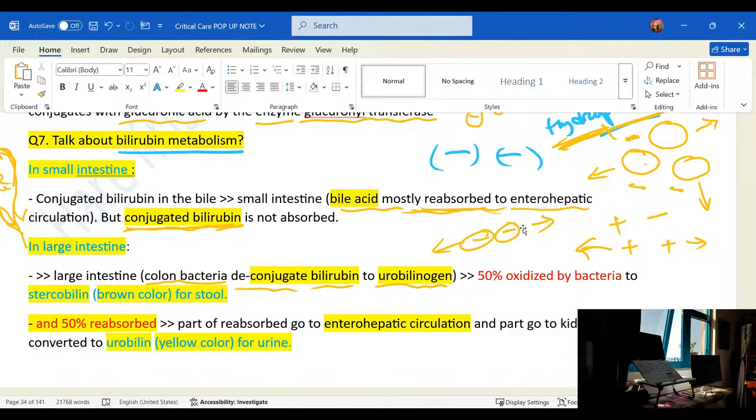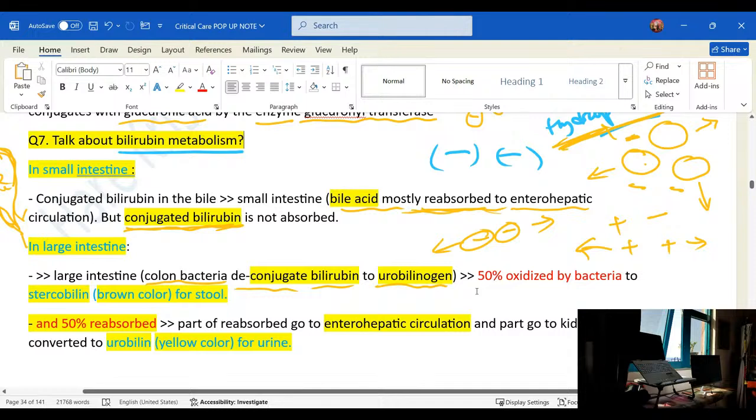They go with the stool, and the remaining 50% is reabsorbed into the circulation from the gut, because in the gut we have the mesenteric vein. With the mesenteric vein, 50% is reabsorbed, and 50% is already oxidized by the bacteria and goes with the stool.